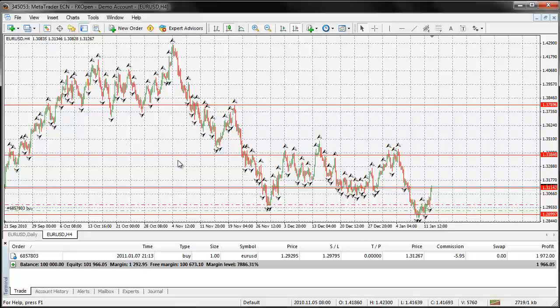So I take a look at the fractal indicators here, and we can see that there's a point here and there's a point here. And there was a bit of supply going on there. We had a bit of supply going on here, and then the market dropped, and then we got some demand down the bottom. Now this demand down the bottom can be used later on for predicting what's going to happen in the future.